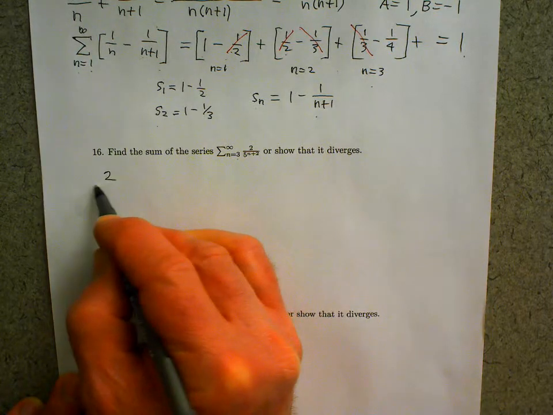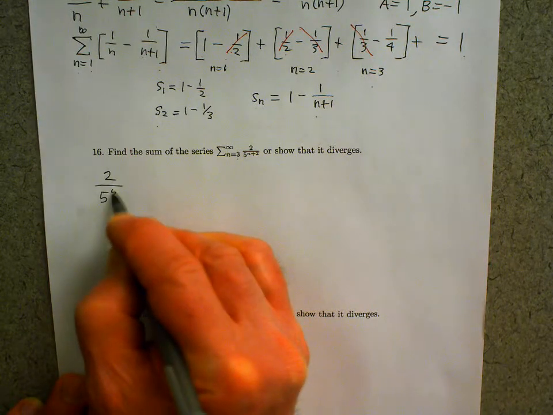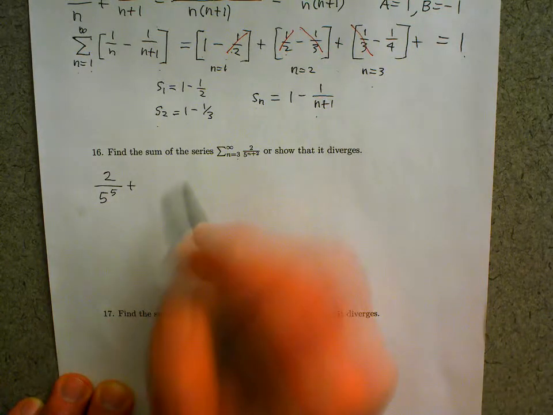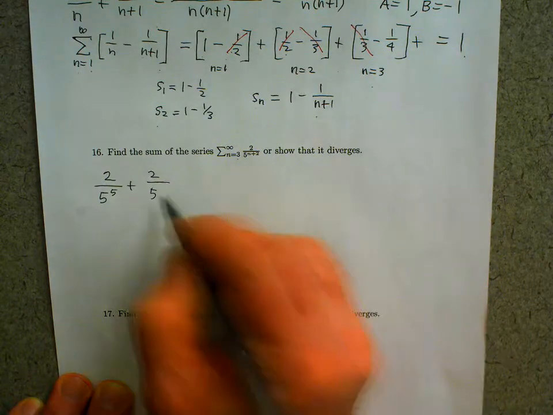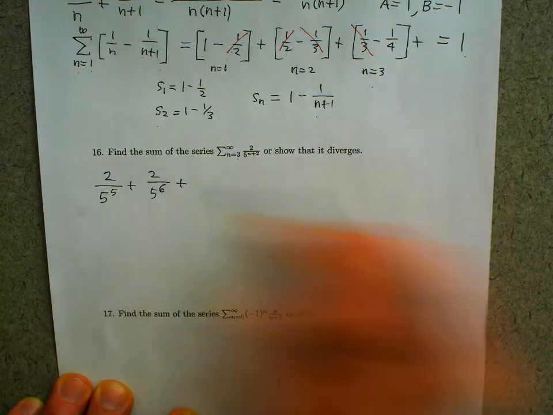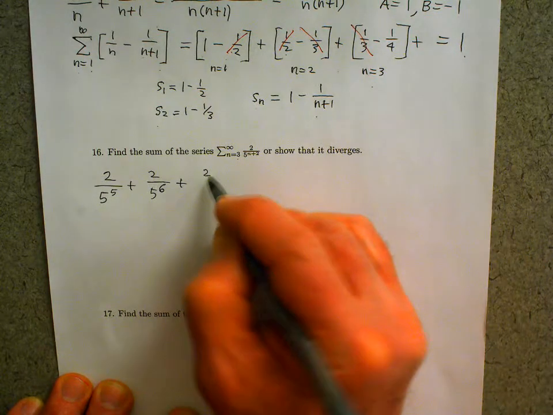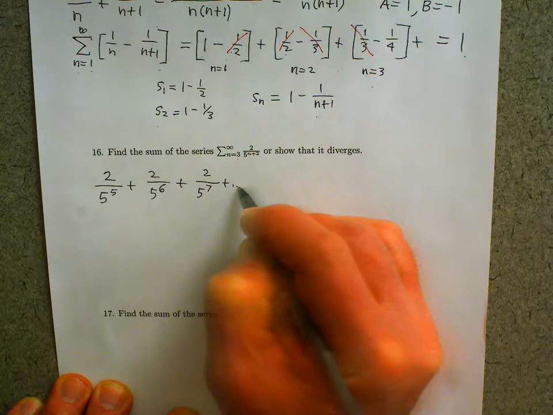So when n is 3, the term is 2 over 5 to the 5th. And then when n is 4, we get 2 over 5 to the 6th. When n is 5, we get 2 over 5 to the 7th, and so on.